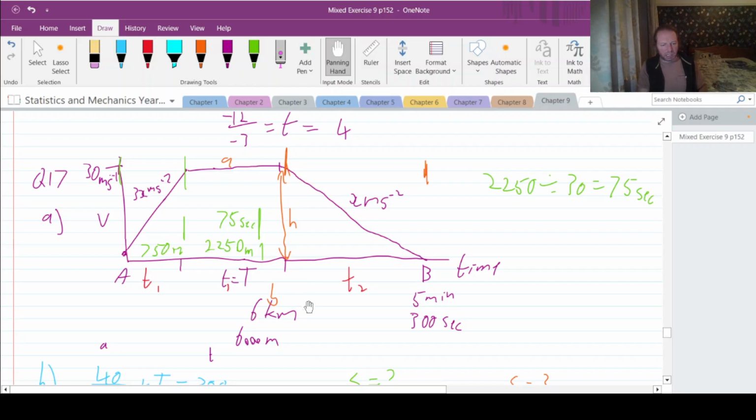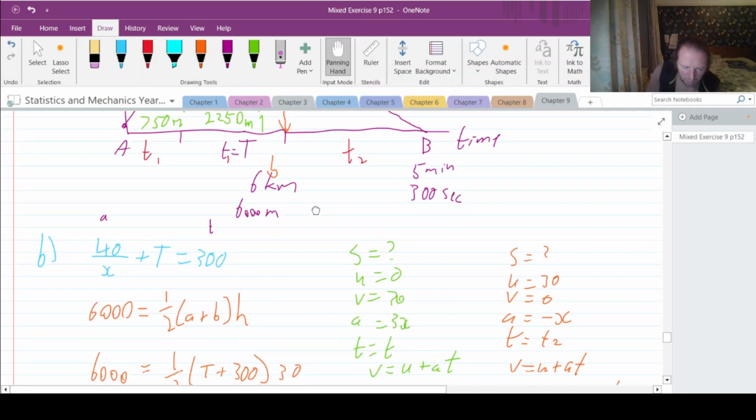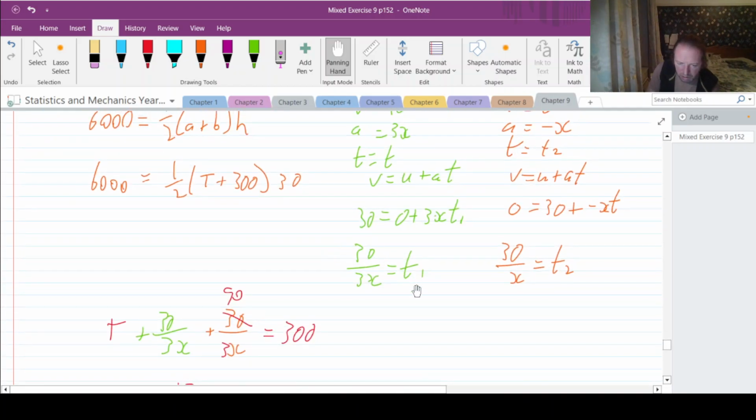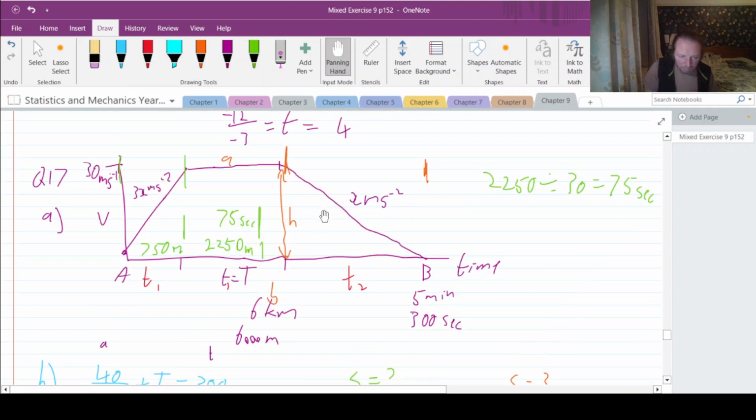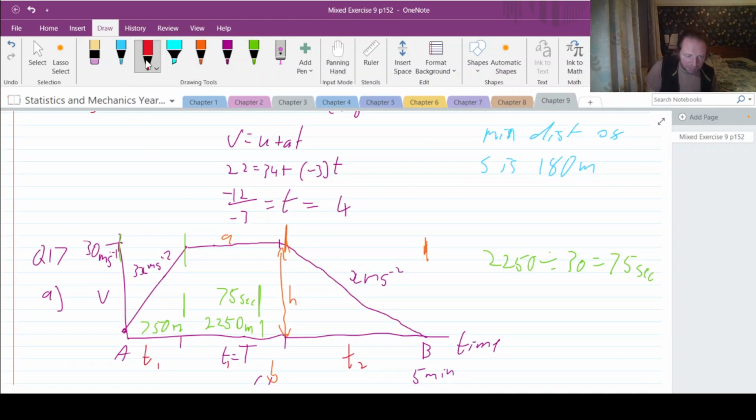Did we ever work out what T1 was? We did. We had it here. So we have 30 divided by 3/5, and 30 divided by 3/5 is 50. So that bit there is 50 seconds.